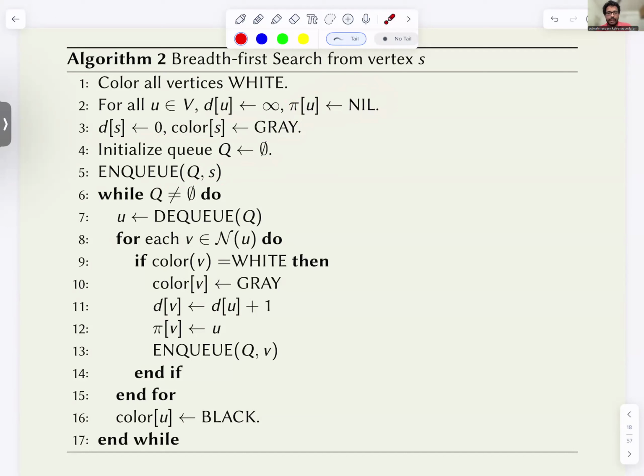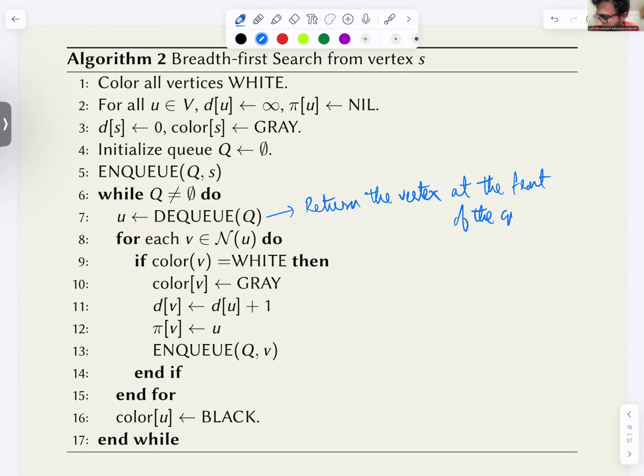So it's like white; when you touch the queue, it becomes gray, and when you exit the queue, it becomes black. And then you keep DQing. DQ will automatically return the element that is in the front of the queue.